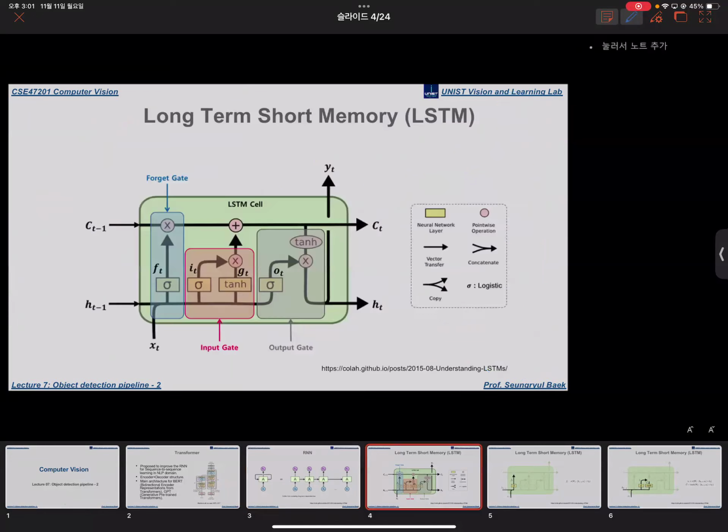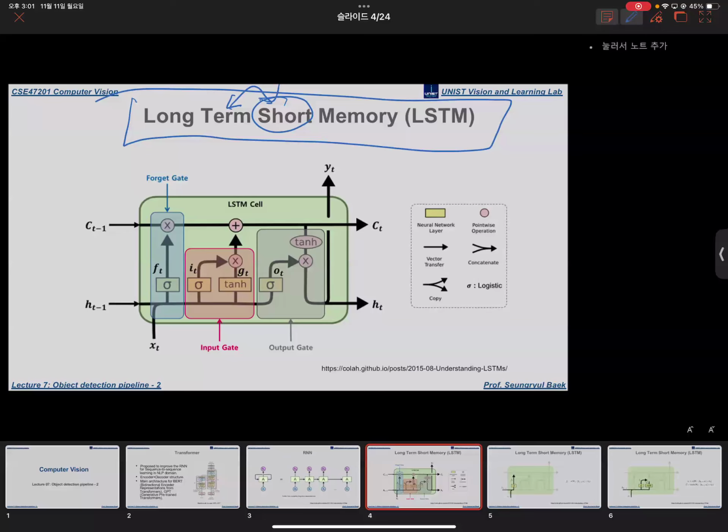Okay. So to solve that problem, the LSTM architecture, long short-term memory architecture, has been proposed.